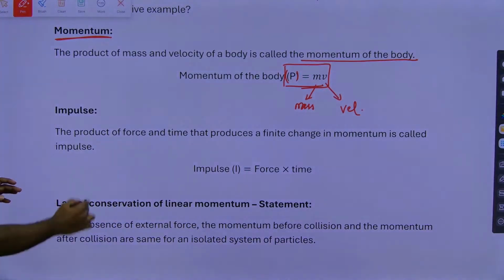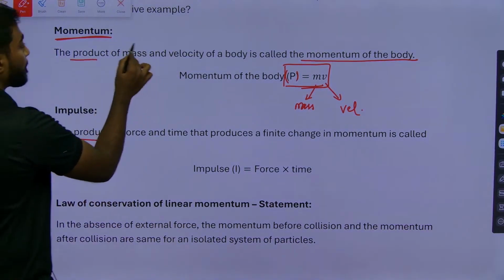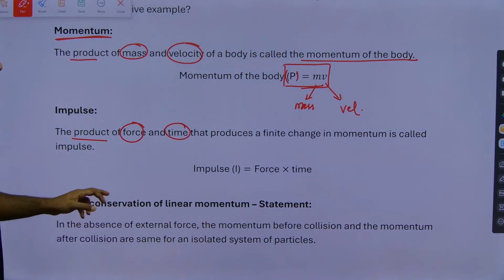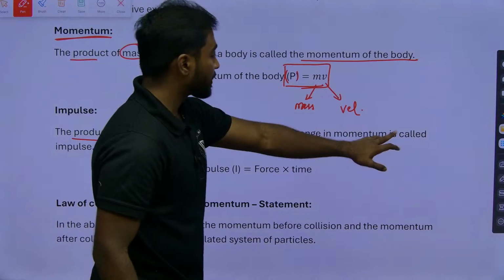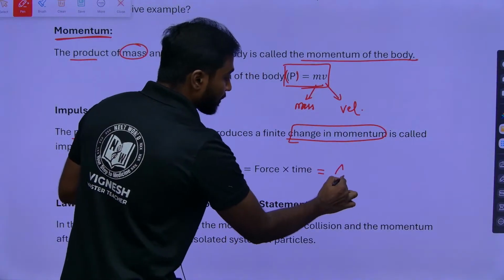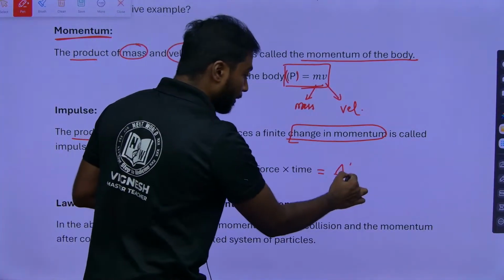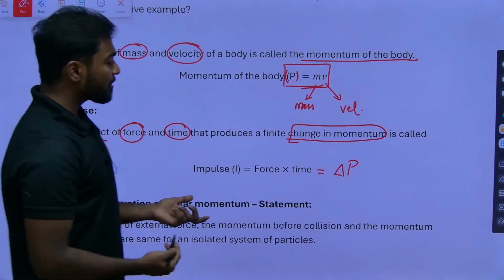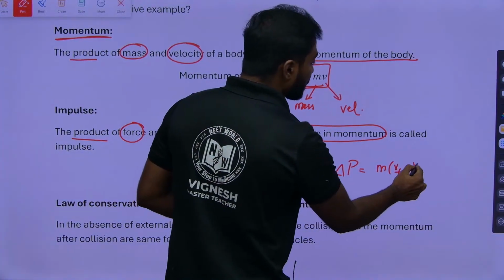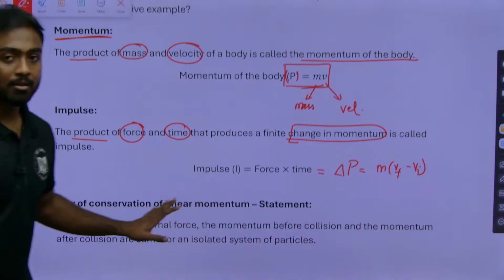Now impulse, the product of force and time, produces a finite change in momentum. I can say it is delta p also. Delta p is nothing but m into v final minus v initial. This is the formula.